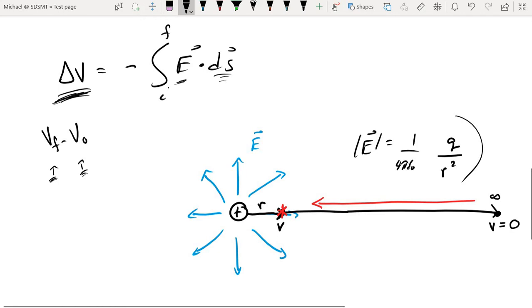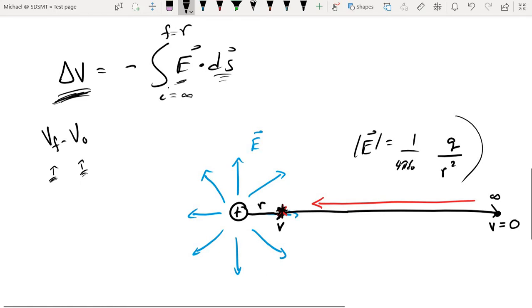So we're going to have an initial position out at infinity, and a final position at the R value, where we're actually trying to measure stuff.